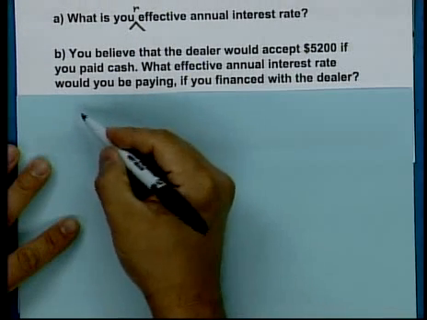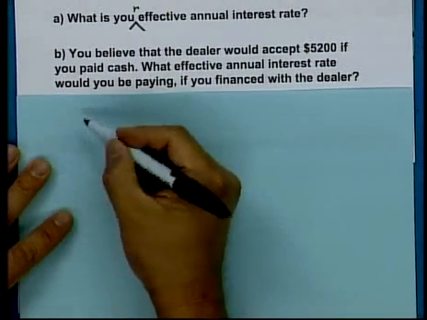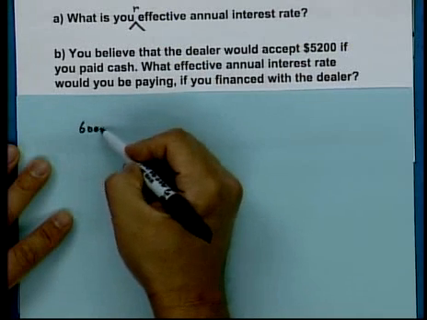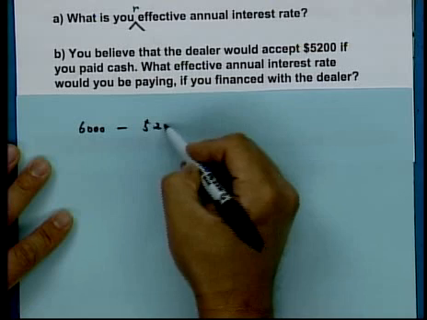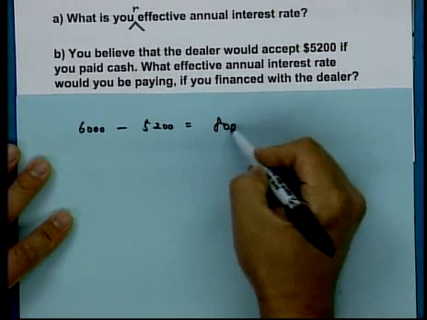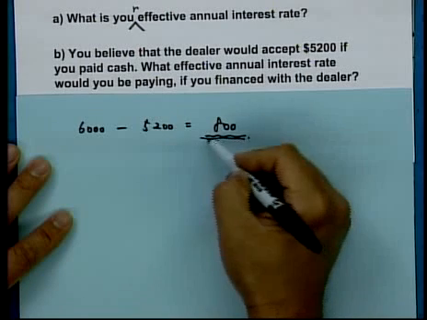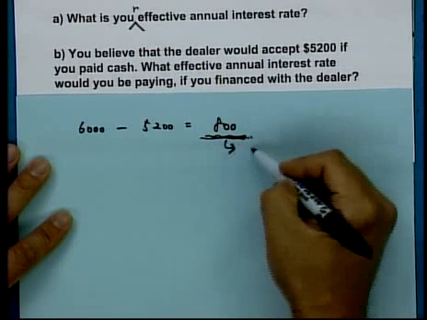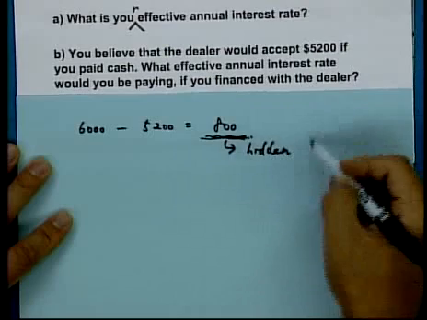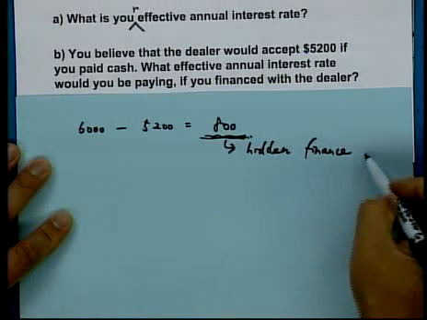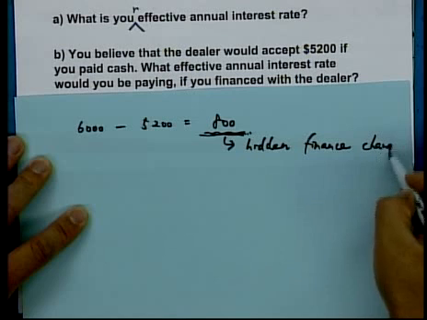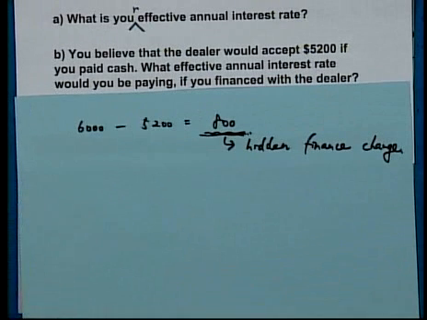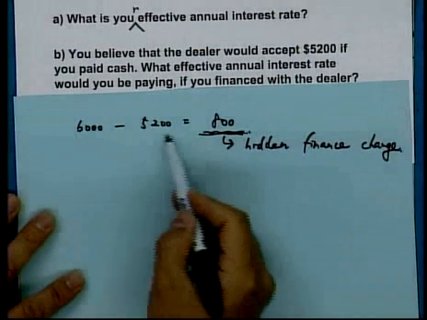So $6,000 minus $5,200, which is $800, and this extra $800 is a hidden finance charge. Okay, because your monthly payments are still based on the original car price of $6,000, but the true worth of the car is $5,200.